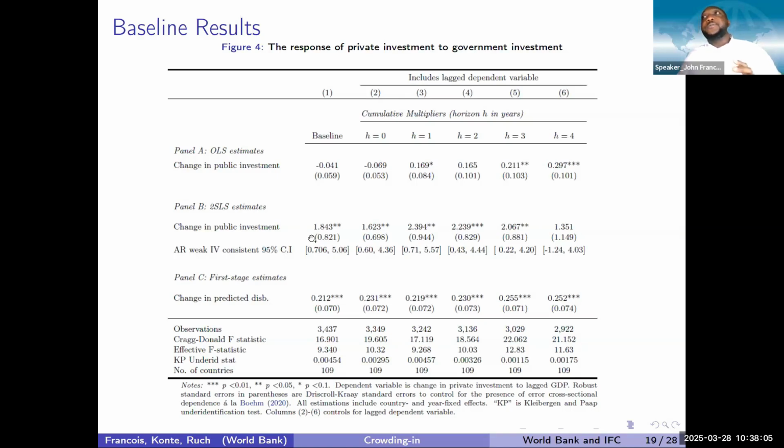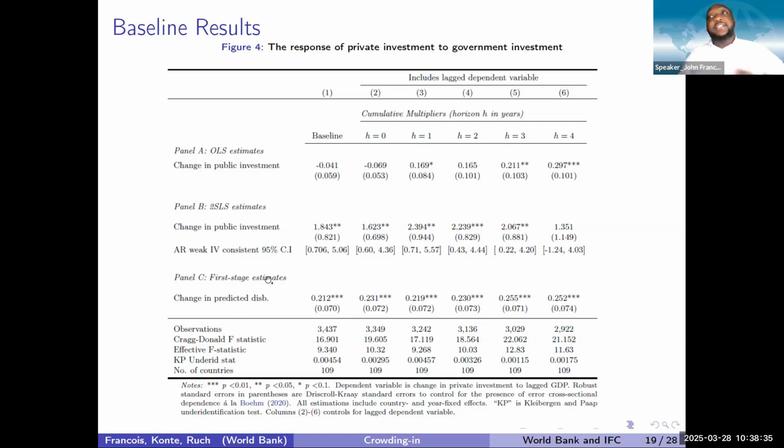And if you control for the lag effect, which is horizon zero, it's almost the same, where you have $1.6. And over the horizon, year one, year two after the shock, the impact of public investment on private investment increases. But by year four, we see a statistically non-significant impact, so it kind of dies out by then.